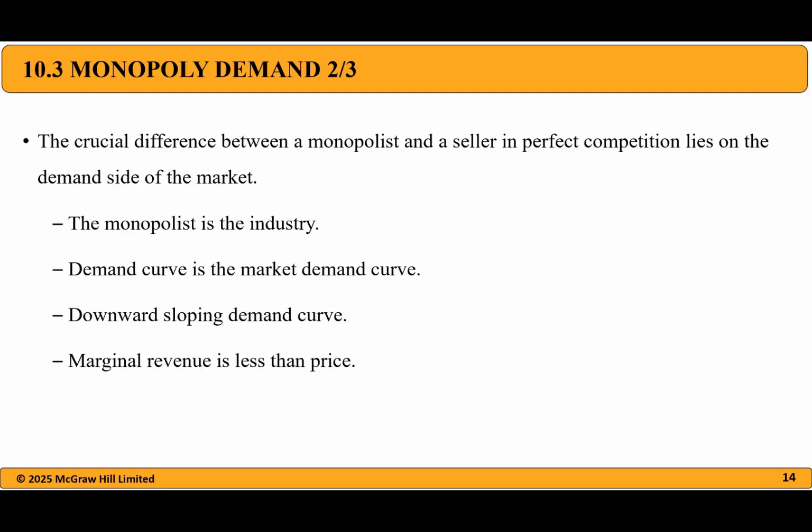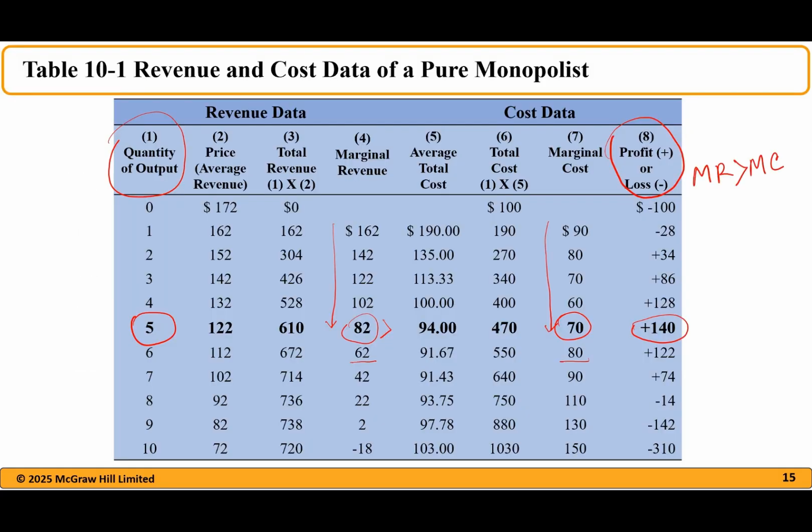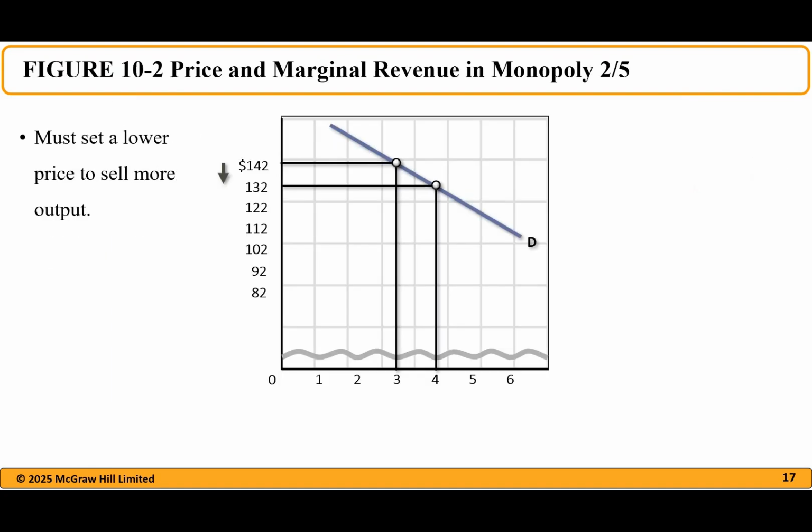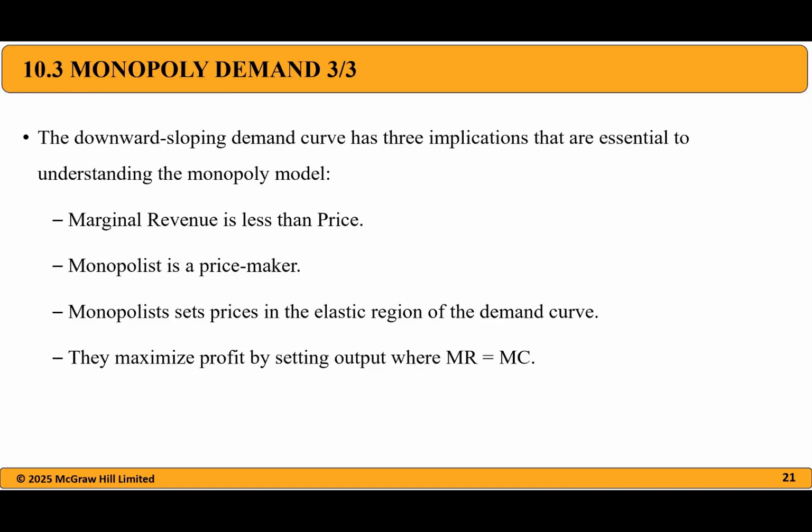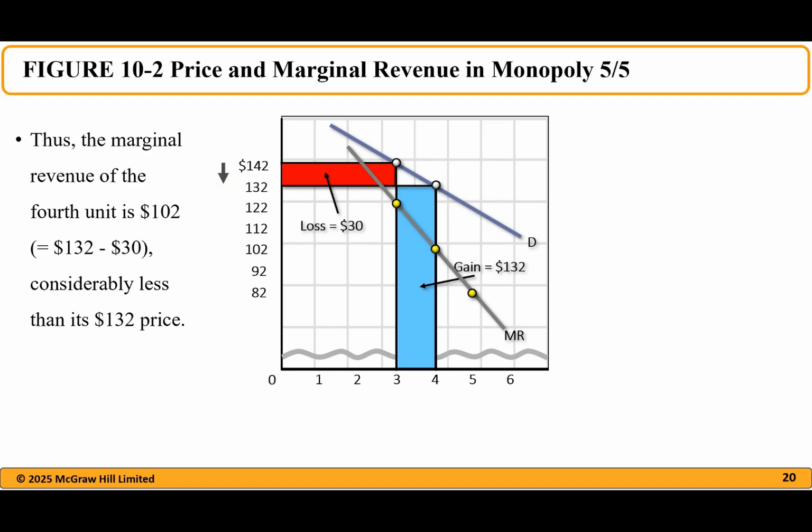You can rely on this table to find all this information about marginal revenue. Following this column, you can see how marginal revenue is calculated. This figure is completely based on that table, so we should relate this figure with the table information. So yes, this is how MR works, or how we find MR in the monopoly model.